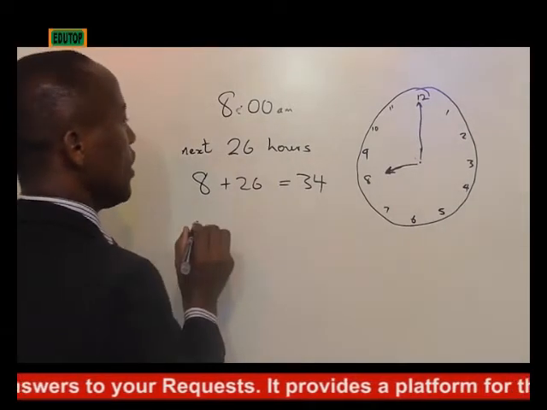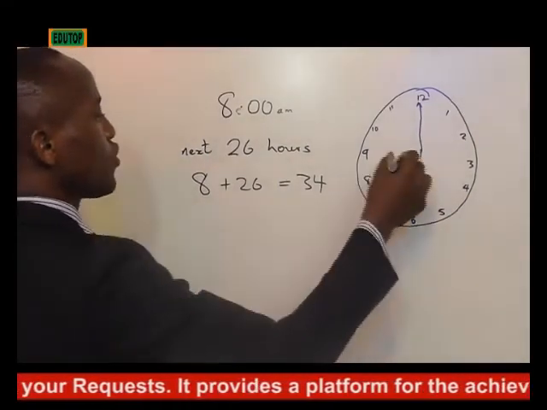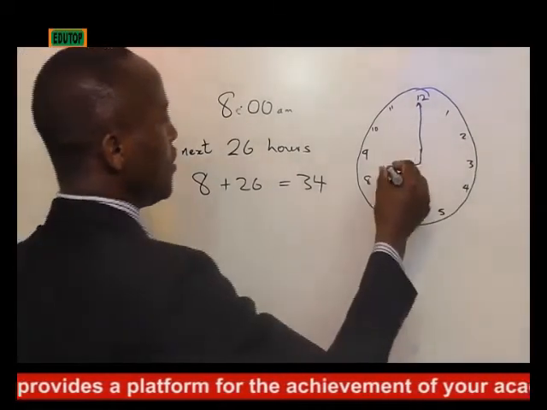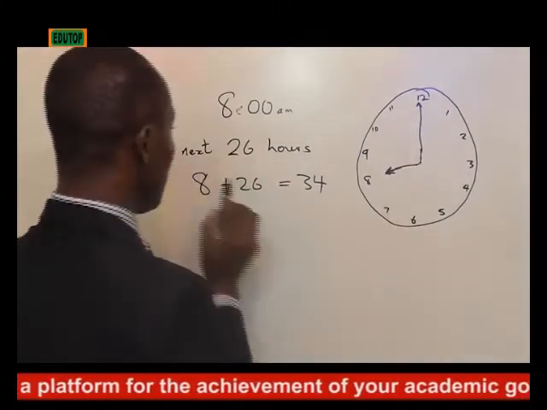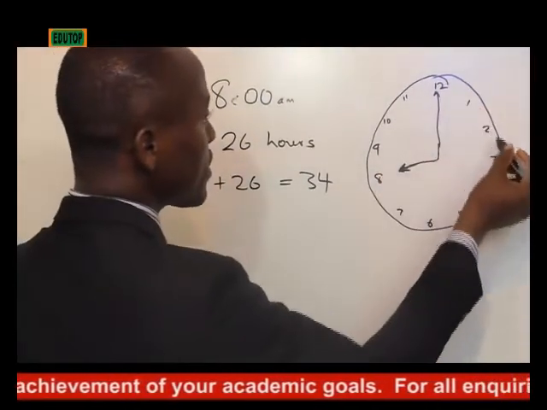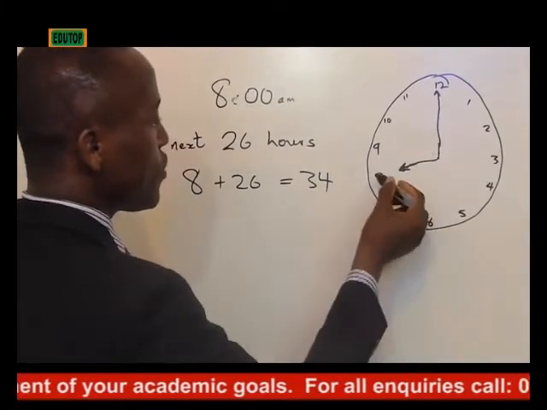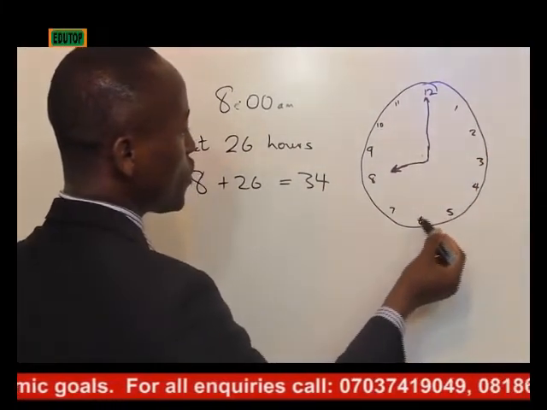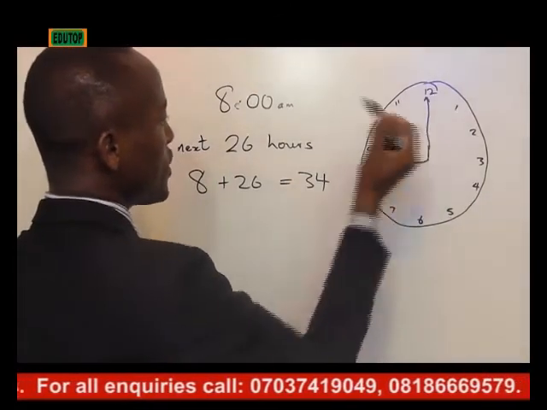It's 8 here, which means that if we are to do it manually, we'll be counting. We have to count 26 times. 1, 2, 3, 4, 5, 6, 7, 8, 9, 10, 11, 12, 13, 14, 15, 16, 17, 18, 19, 20, 21, 22, 23, 24, 25, 26.